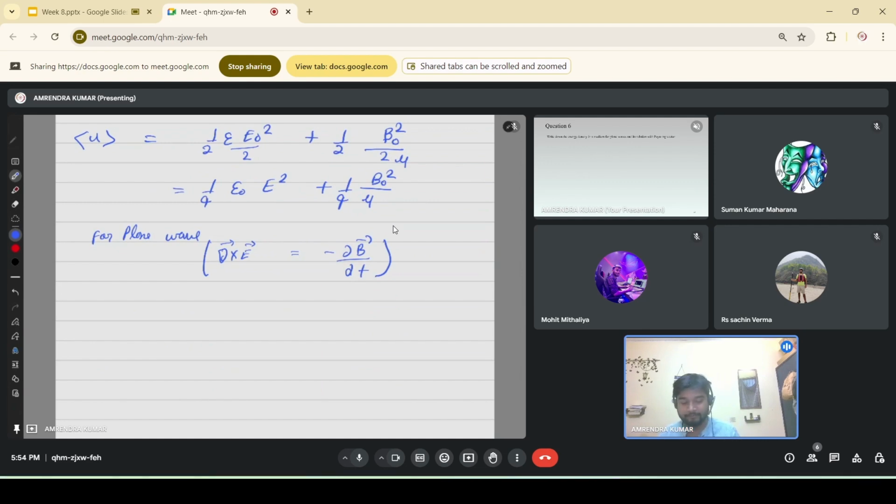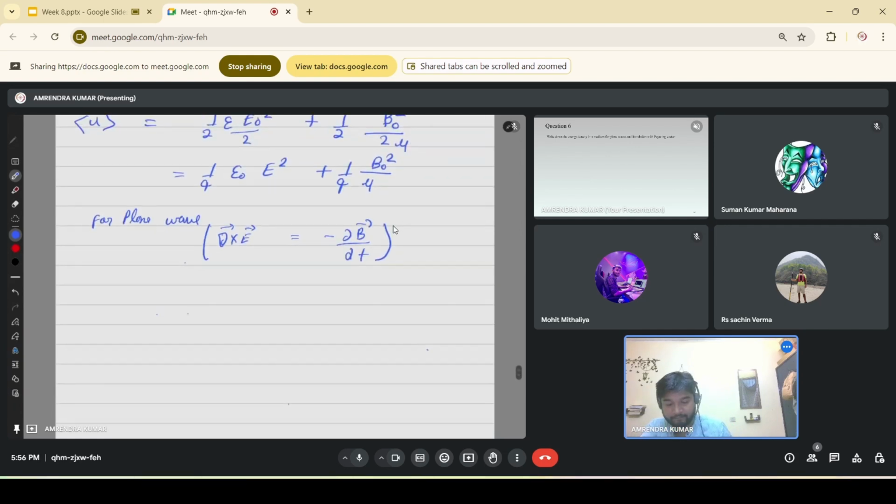If you have this wave going in the x direction and you want to calculate the curl of it, the only non-zero component you are going to get is... for a plane wave we can write E naught equal to v B naught, where the velocity v is nothing but 1 over the square root of mu epsilon, because v is proportional to 1 over root of mu epsilon, as we have just derived.